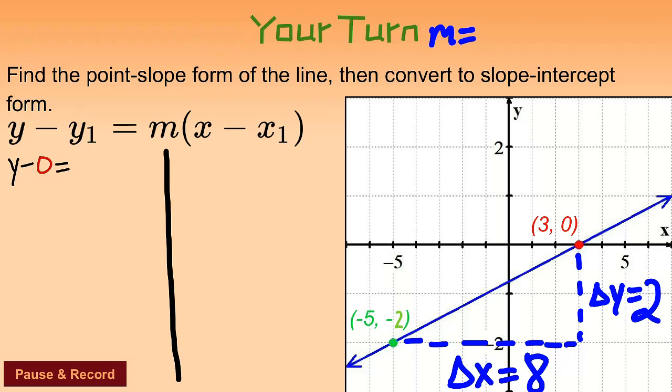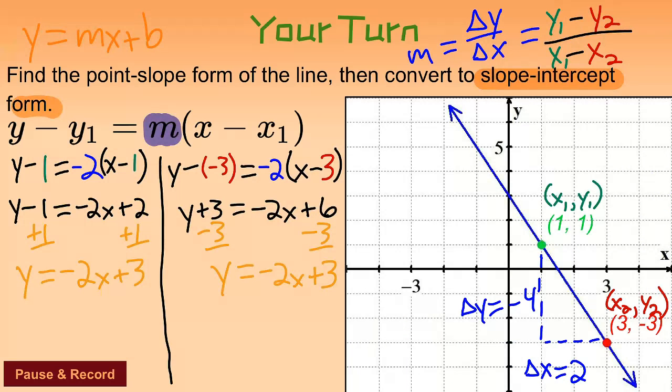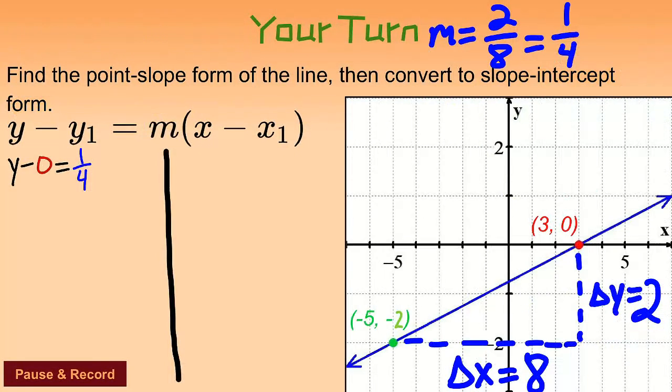So we can maybe see right here this delta y over delta x is 2 over 8, which is 1/4. So in our equation, we can put in our slope of 1/4. So notice that over here, I used the equation for slope, and over here, I used the slope triangle for slope. You can use either one. I bet most people will find the slope triangle easier for now.